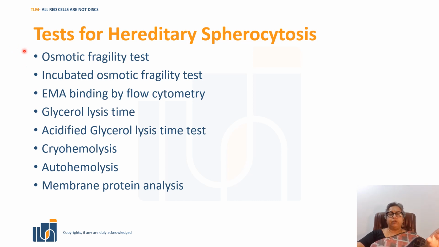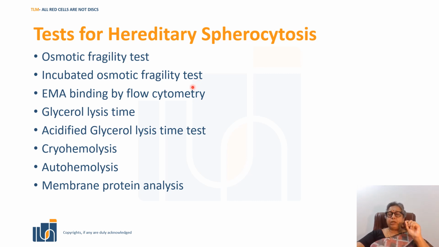So in the normal day-to-day diagnosis of hereditary spherocytosis, we look at the CBC, we look for an increased MCHC, we look for evidence of hemolysis, look for the presence of a uniform population of spherocytes, and if possible, do an incubated osmotic fragility test. Take a family history, find out if there are other members of the family who may also have the disease, and then go ahead and diagnose it.